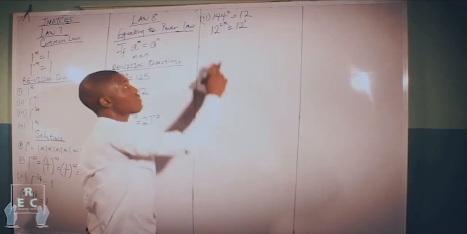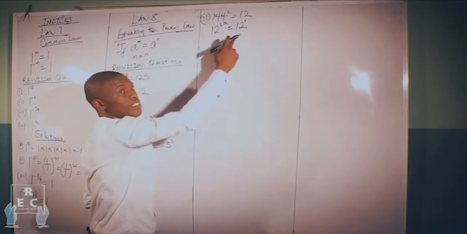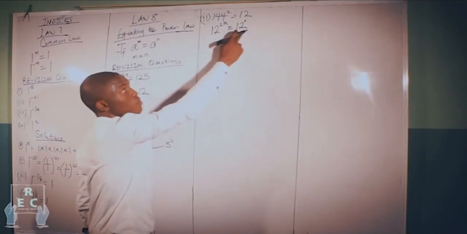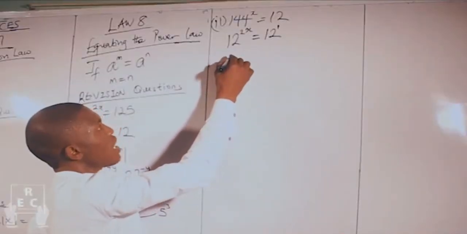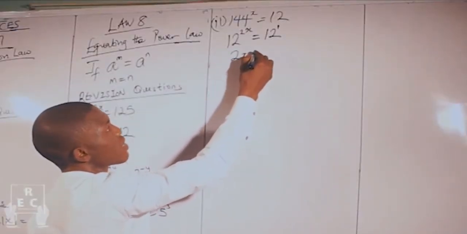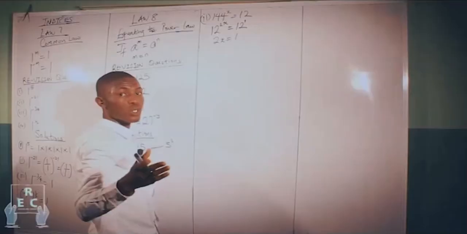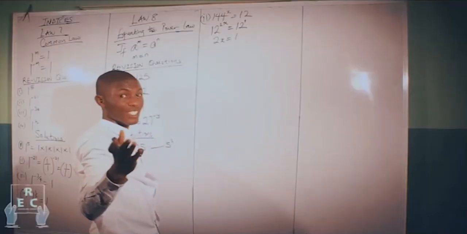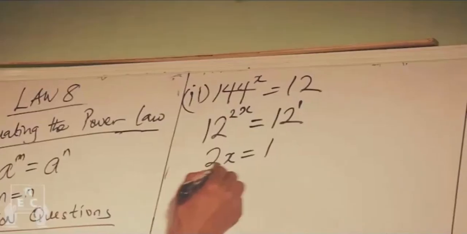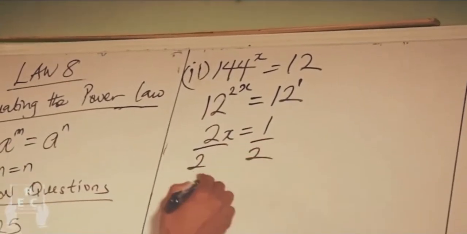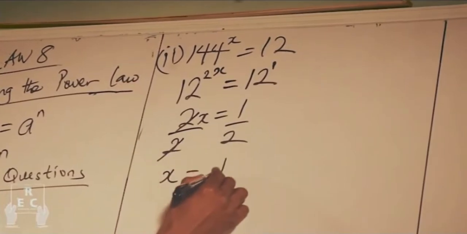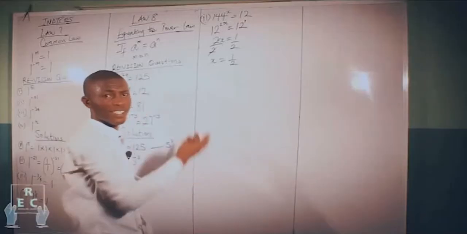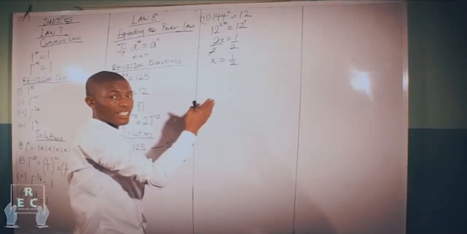So here you have equal base, equate the power. Then you have 2x equals 1. What do you do? You divide both sides by the coefficient of x, divided by 2, divided by 2. Here you have x equals 1 over 2. Did you get this example? Yes.